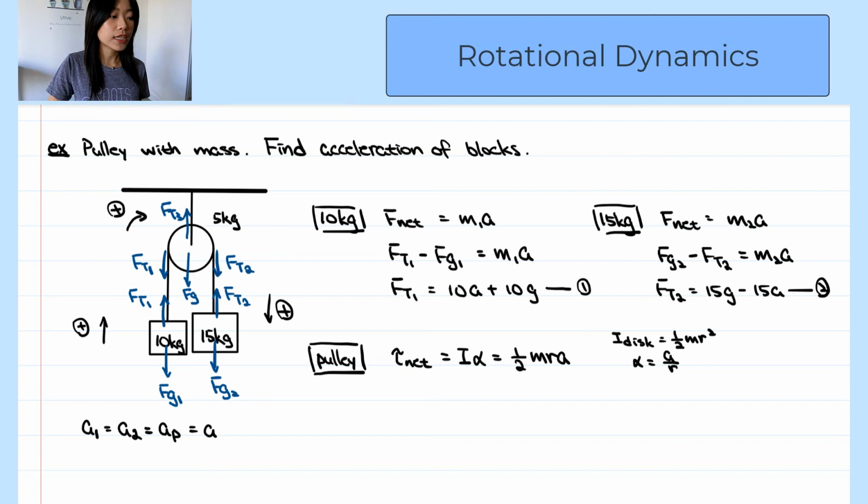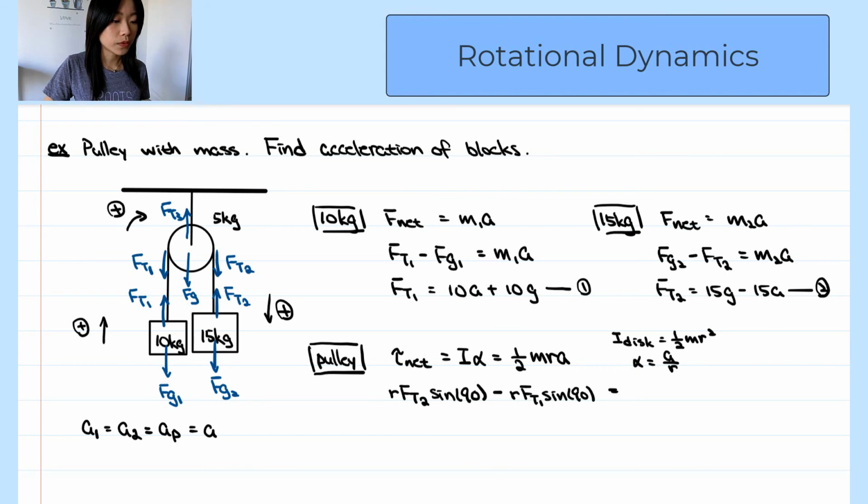So the only forces that will contribute to the net torque are the first and the second tension forces. And we define clockwise as positive. So the second tension force will have a positive torque and the first tension force will have a negative torque. So net torque is the radius of the pulley times the second tension force times sine of 90, minus radius times the first tension force times sine of 90.